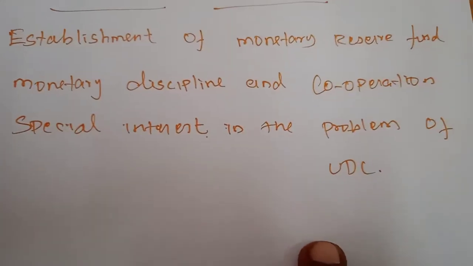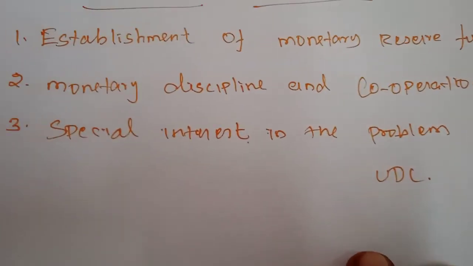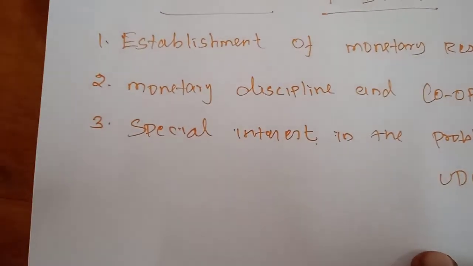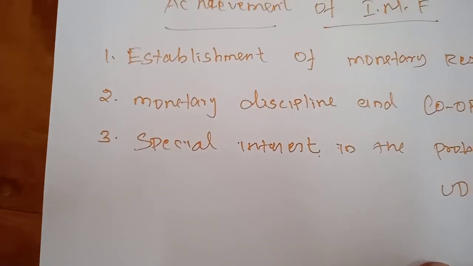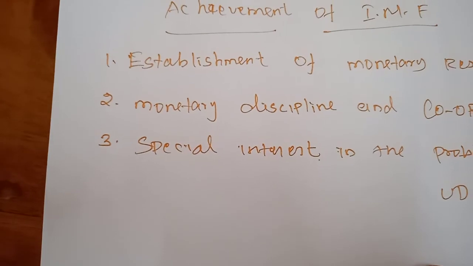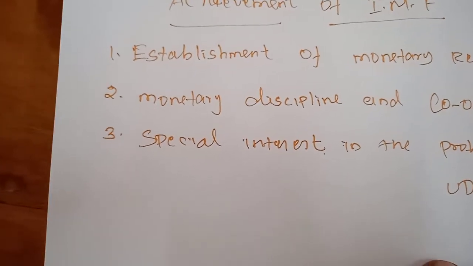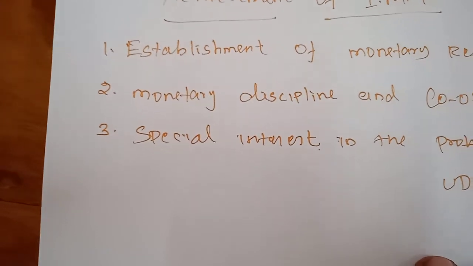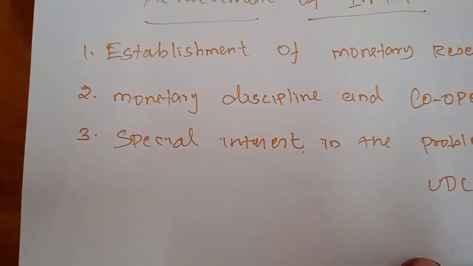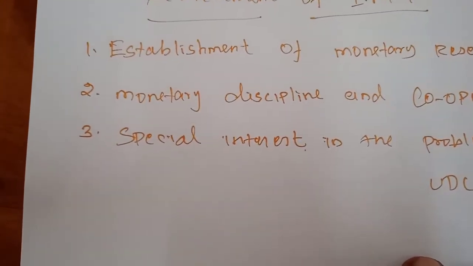Next, special interest in the problem of underdeveloped countries. The notable success of the fund is the maintenance of special interest in the acute problem of developing countries. The fund has provided financial assistance to solve the balance of payment problems of underdeveloping countries.